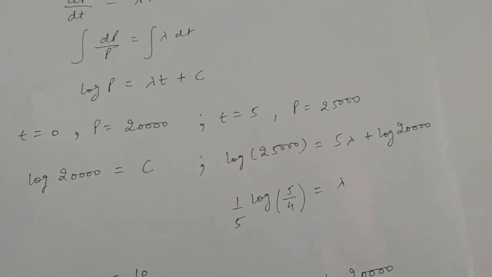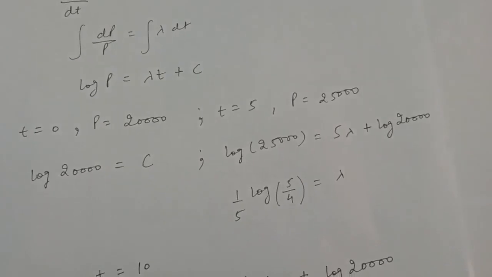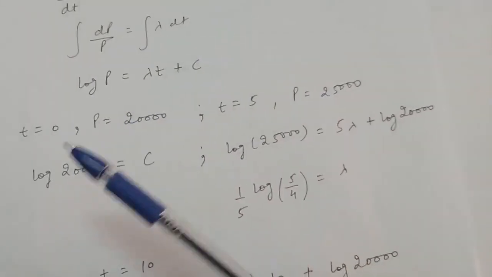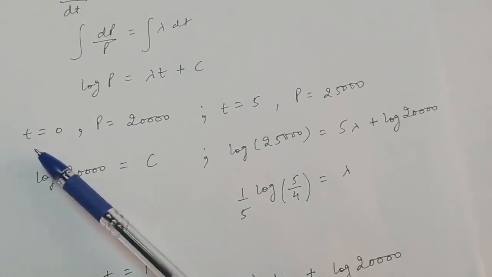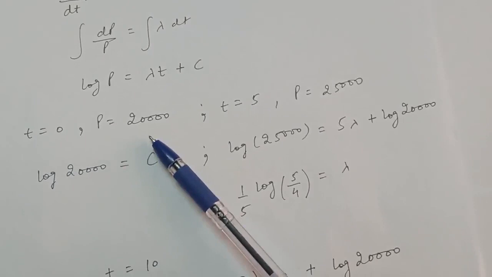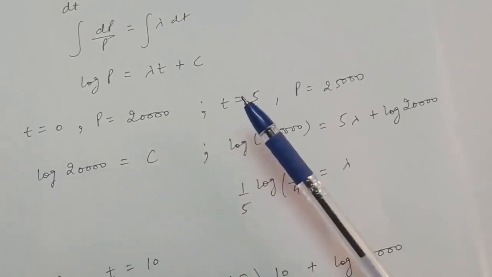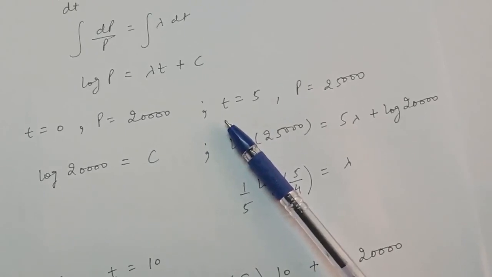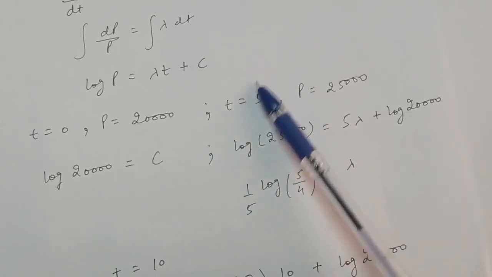Now, if the population of the village was 20,000 in 1999, let us consider that as the starting point, that when time is 0, population is 20,000. Now in the year 2004, from the year 1999 to 2004, it is actually 5 years.